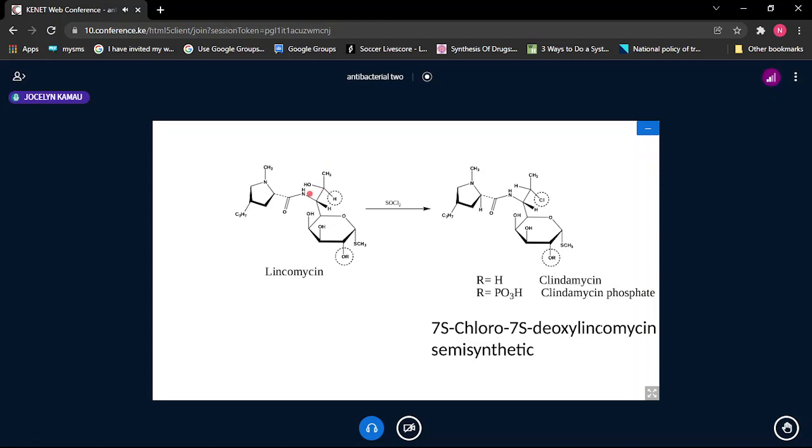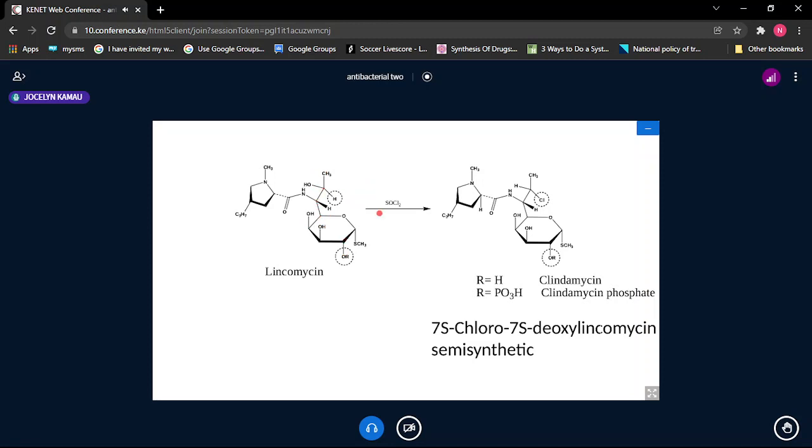So you can see this is a very unique sugar. It also has that carbon, and it also has this other carbon, so it is an 8-membered chain. It has position 5, position 6, position number 7.